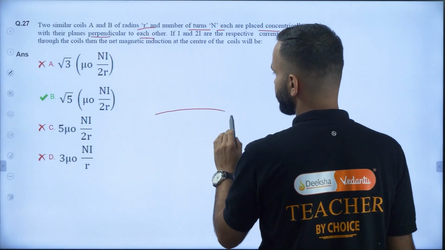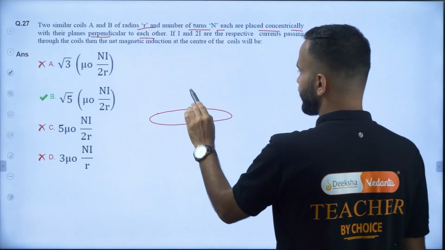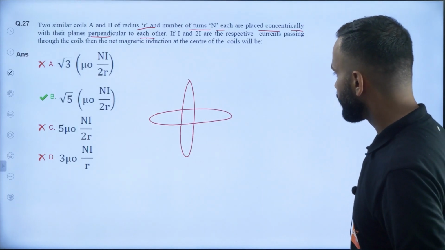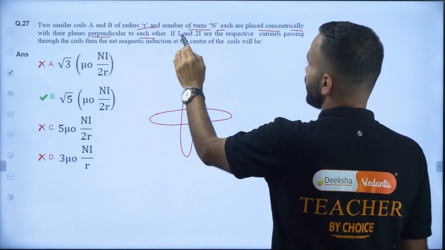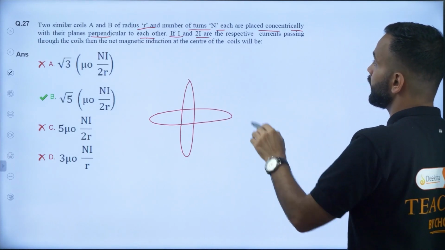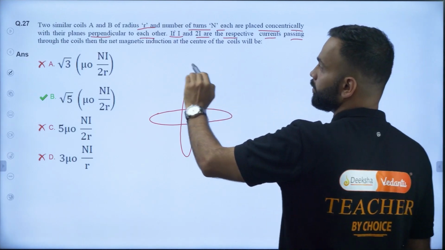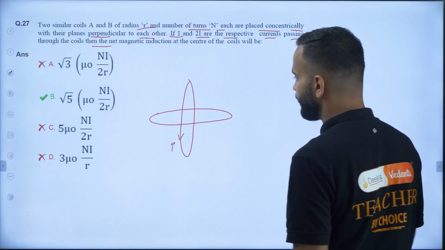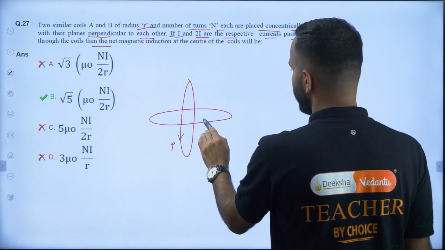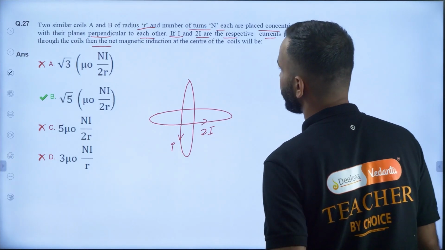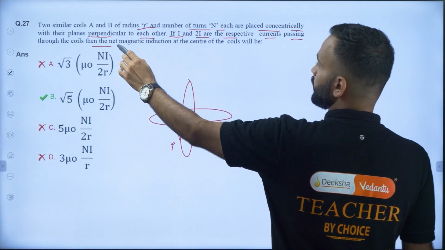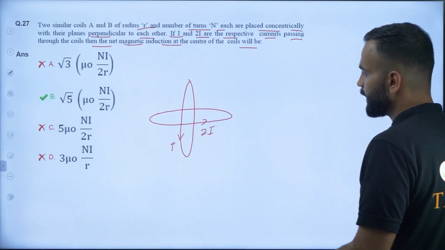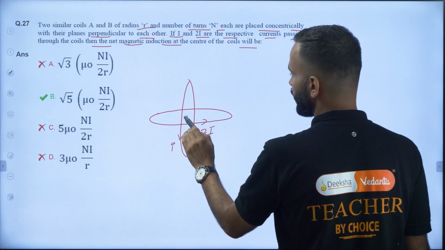This is one coil and this is the other coil. If I and 2I are the respective currents passing through the coils, so here the current is I, and here the current is 2I, then the magnetic induction at the center of the coils will be. We need to find the magnetic induction at the center of the coil.